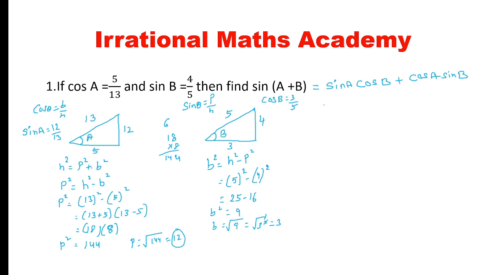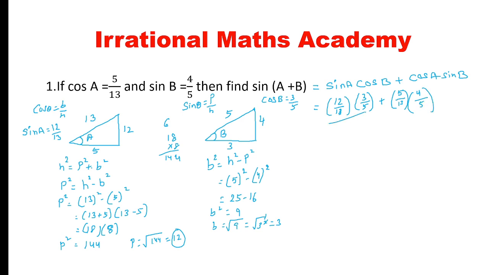Let me substitute these values. Sin A is 12 upon 13, into the cos B value, 3 upon 5, plus the cos A value, 5 upon 13, into the sin B value, 4 upon 5.